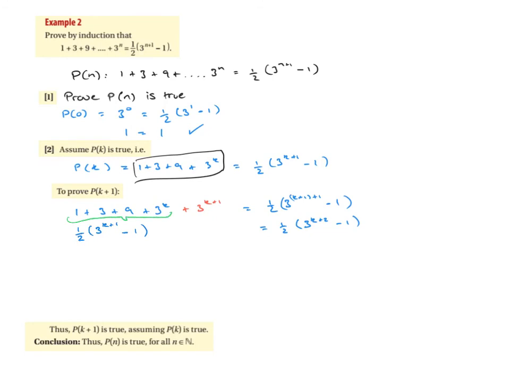And then we've got the plus 3 to the k plus 1 for the red bit, which is our extra term that we're adding in. Again, all we're going to do is deal with the left hand side and try and get it in terms of the right hand side, and hopefully we'll manage to get this all sorted. If we can, then we've proved it by induction. If we can't, then we haven't.